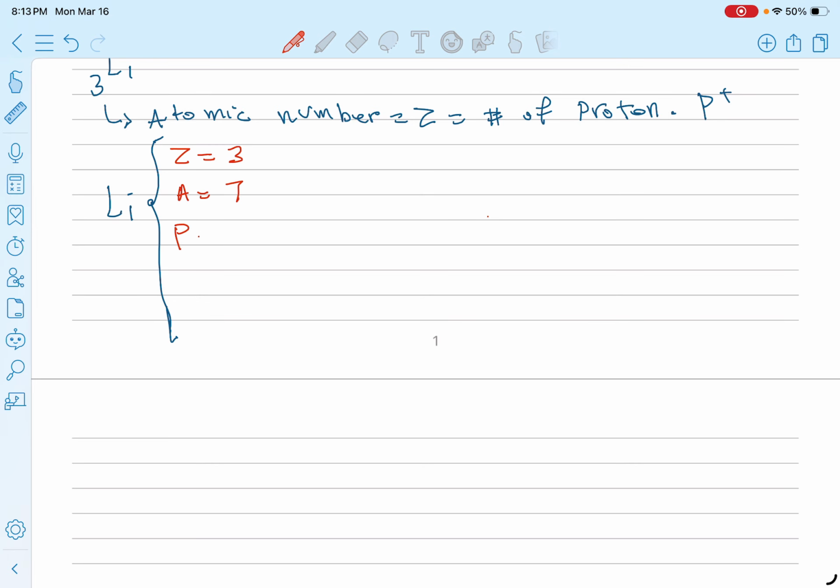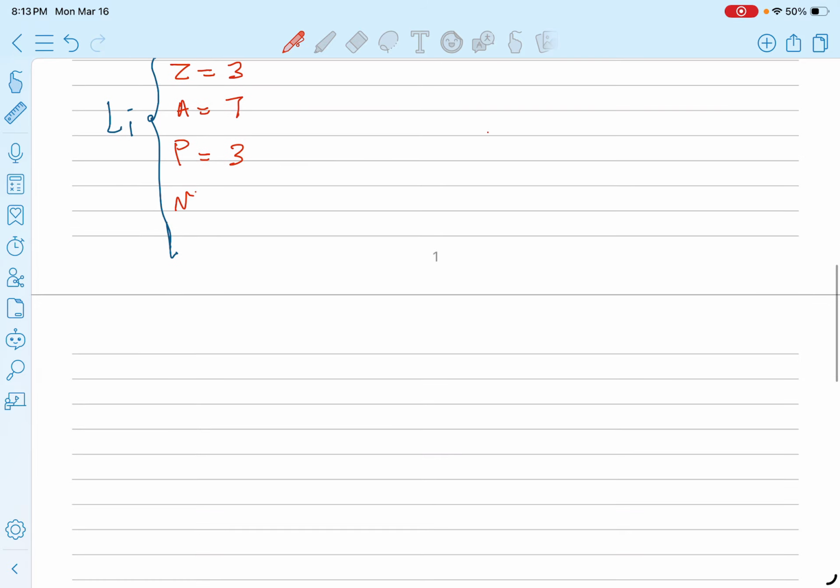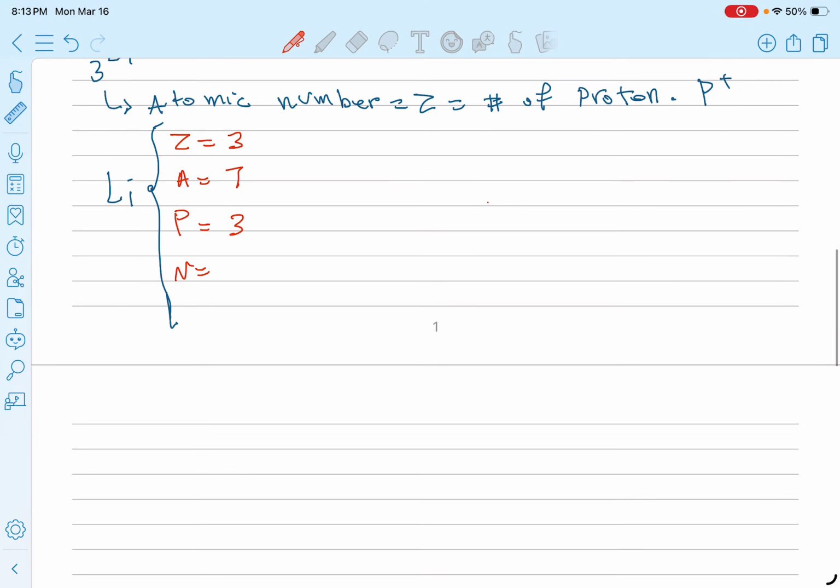It means the number of protons is 3. The atomic mass is protons plus neutrons, and Z is only the number of protons, so the number of neutrons is A minus Z. It means 7 minus 3 is 4.